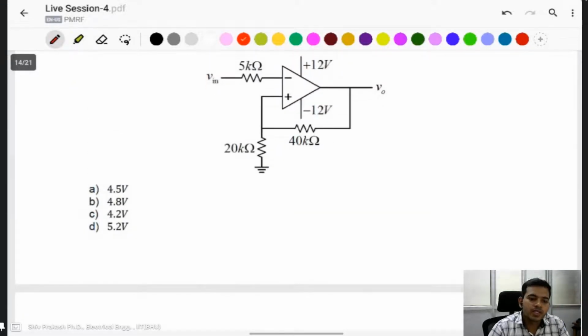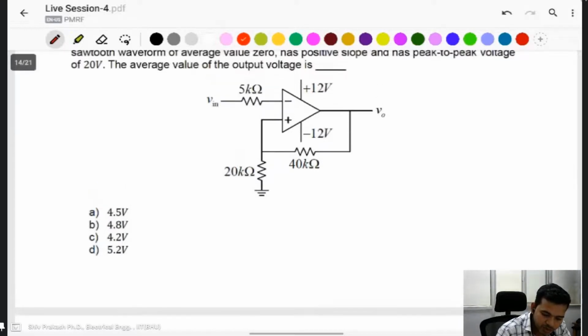First of all, we are working on the hysteresis loop. We create a hysteresis loop in the output, between the upper limit and lower limit. First find the upper limit. If you see the circuit, find this voltage.